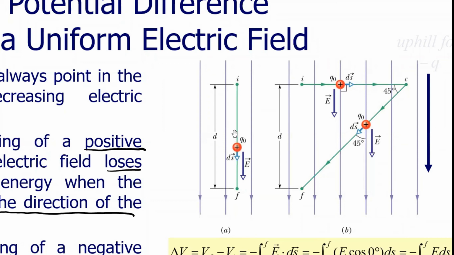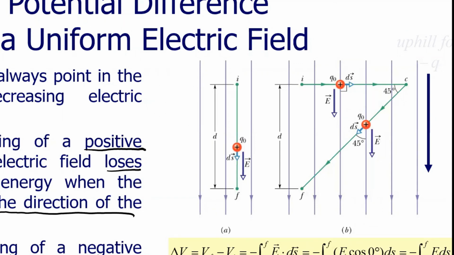Will it move against the electric field or in the direction of the electric field? In the direction of the electric field. Very good. As it is moving in the direction of the electric field, it is just moving spontaneously.